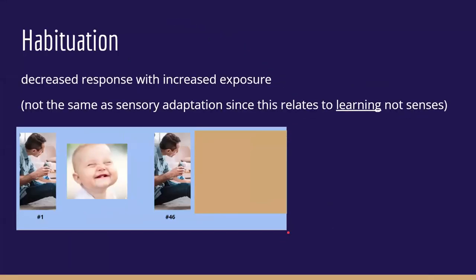So habituation, I think we already talked about that in a different module, but the definition of it is decreased response with increased exposure. So what does that mean? Well, first of all, what does it not mean? It's not the same thing as sensory adaptation, since this relates to learning, not senses.